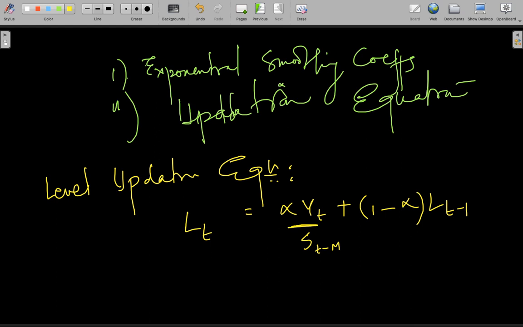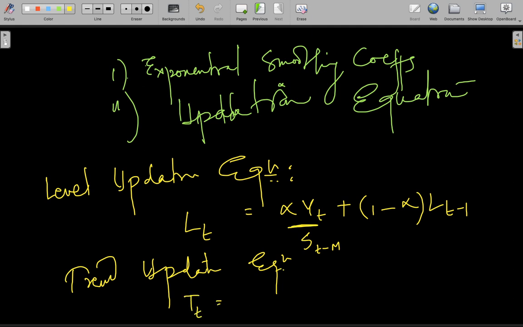The second equation is the trend updation equation. If you remember, previously we had Tt = beta (Lt - Lt-1) + (1 - beta) Tt-1. Here we are only talking about the trend, using levels which are already free of the seasonality component.